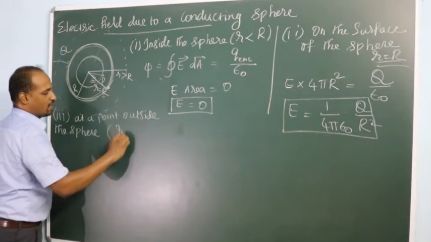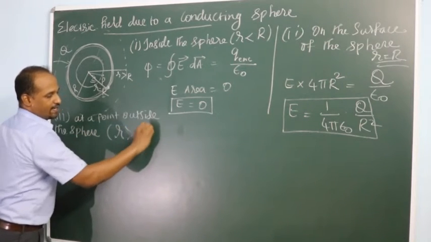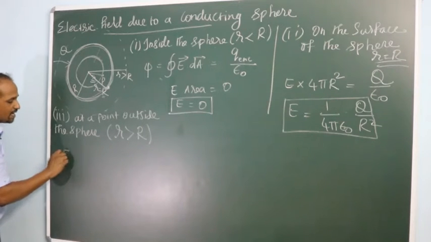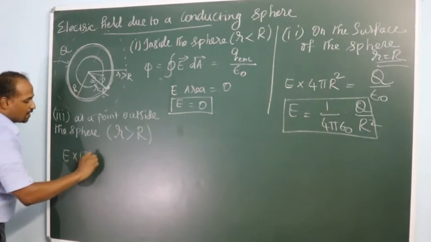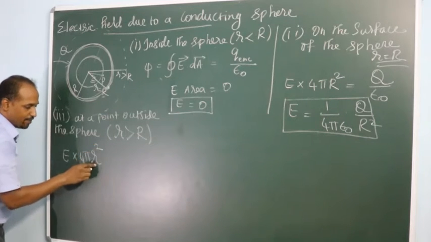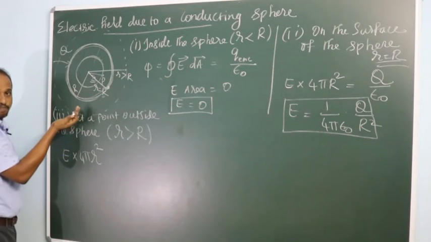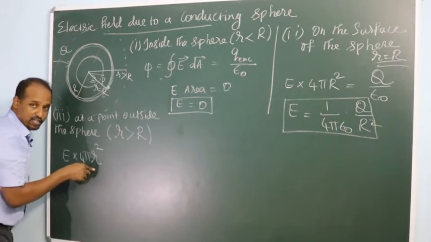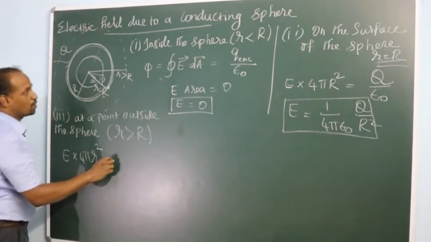Here the condition is r is greater than the radius of the sphere. In this case, the electric flux will be E times 4 pi r square, because it's still a spherical Gaussian surface, and the area of a spherical surface is 4 pi r square. E into 4 pi r square will be equal to the total charge enclosed.